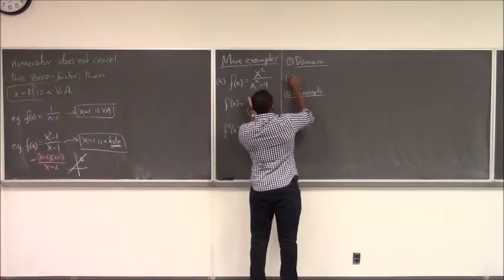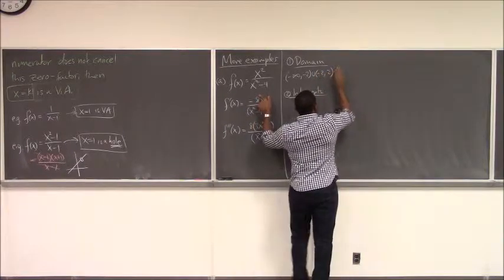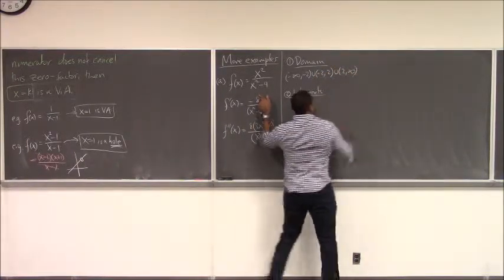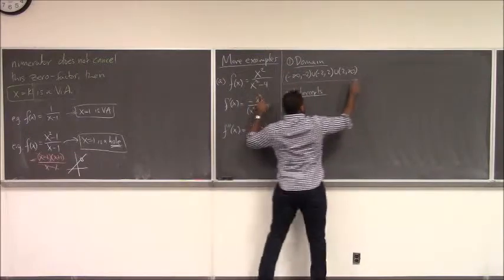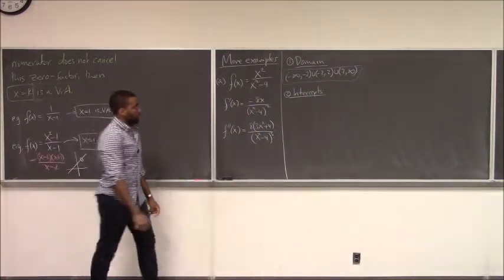That's it. So you write this down. That's your domain, because you have denominator equals 0. That's where rational functions don't work.